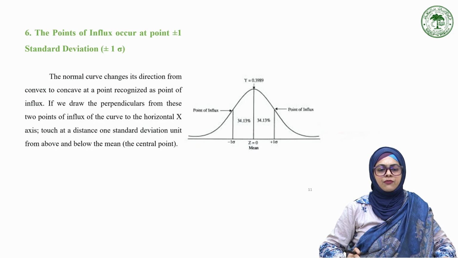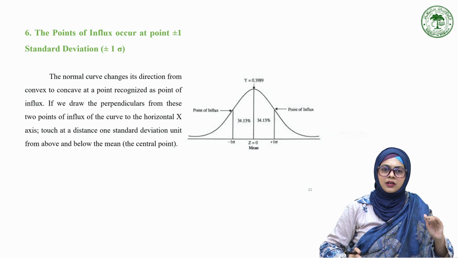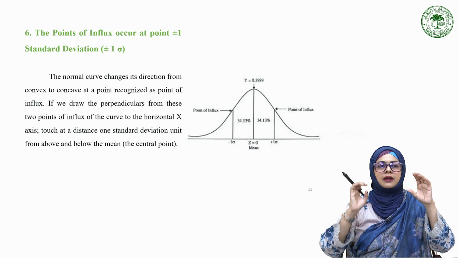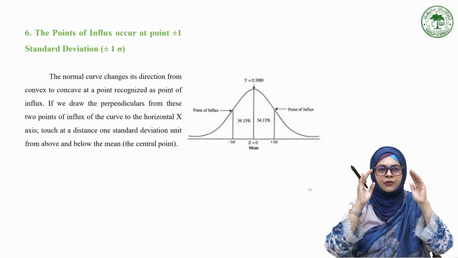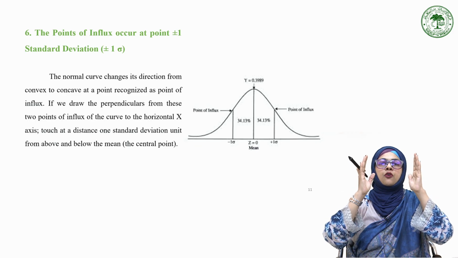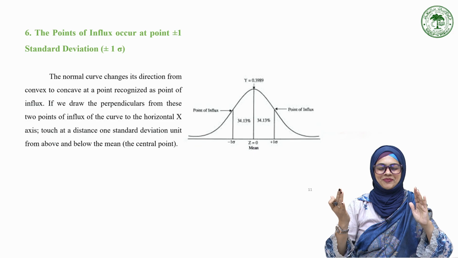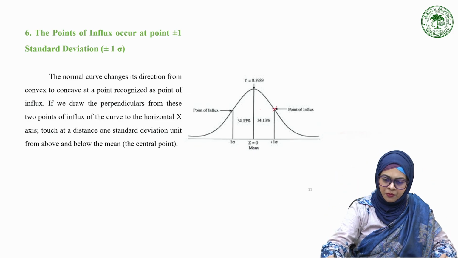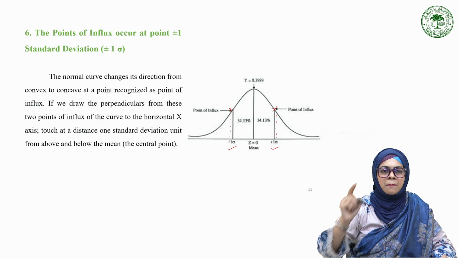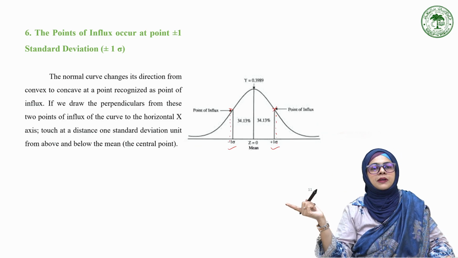Then the points of inflexion occur at plus and minus 1 standard deviation. This is the point at which the direction changes from convex to concave. If you mark it along the x-axis, you will find that this is where minus 1 standard deviation and plus 1 standard deviation lie.